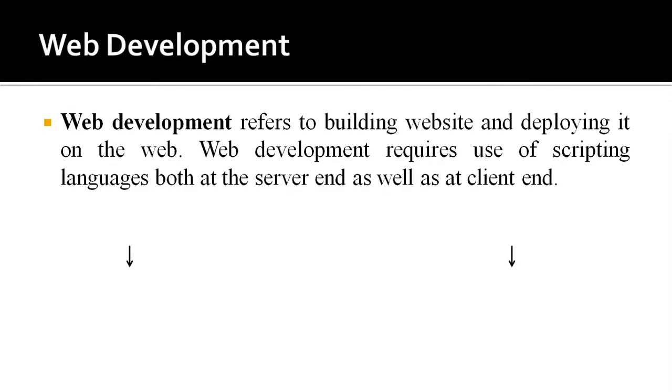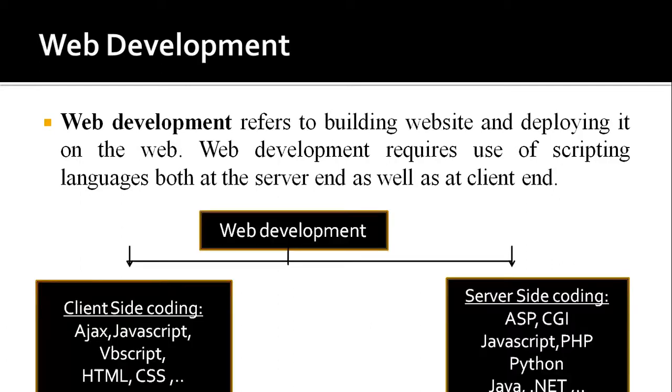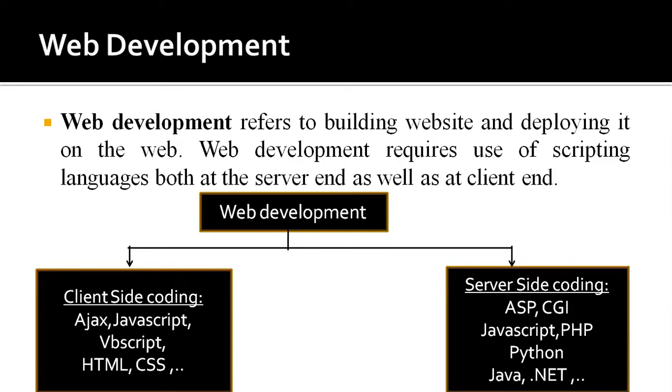Now let us learn the term web development. It refers to building a website and deploying it on the web. Web development requires the use of scripting languages both at the server as well as the client side.